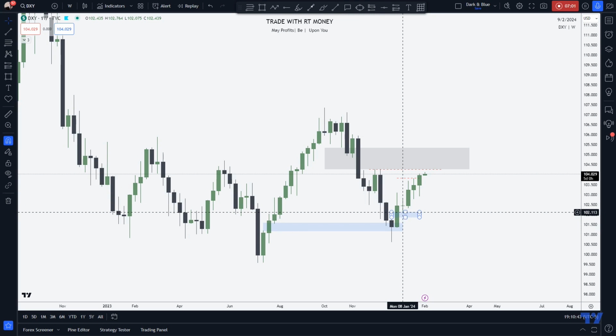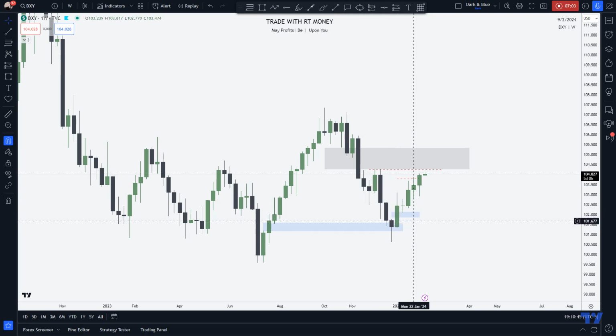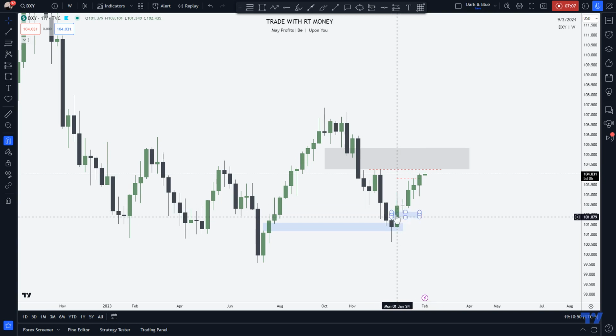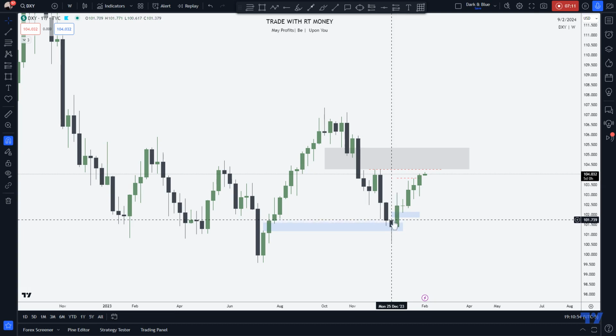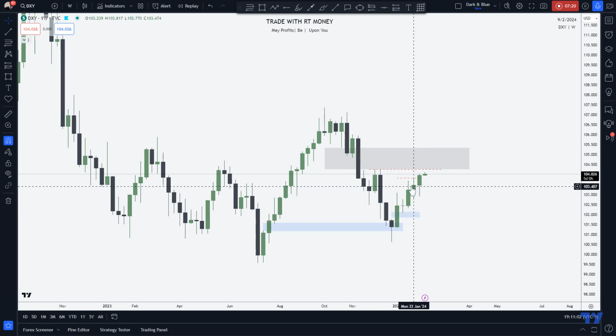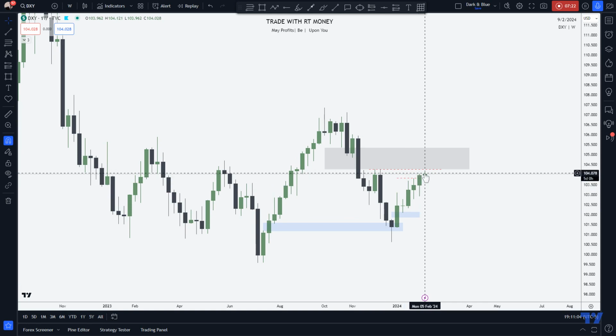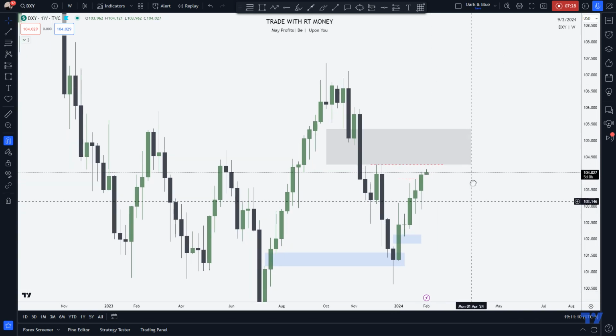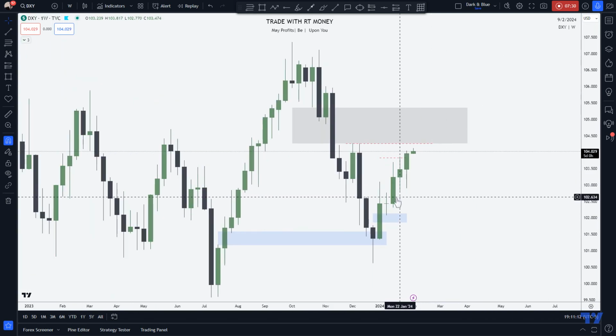This one closed, this establishes the high of the fair value gap, and this establishes the low on this side, and price has not come back to it as of yet. It continued higher, and I'm looking to see if it will make a fair value gap up around here. But you can see that there's some bullish momentum here.